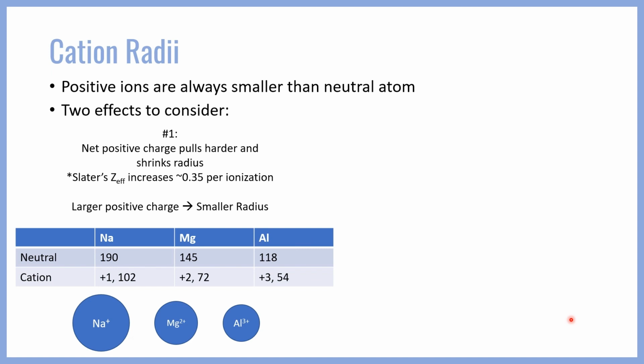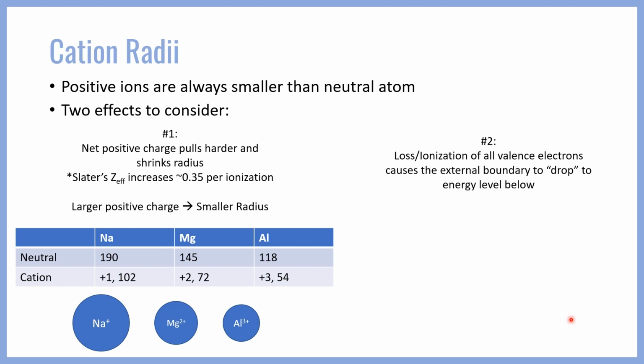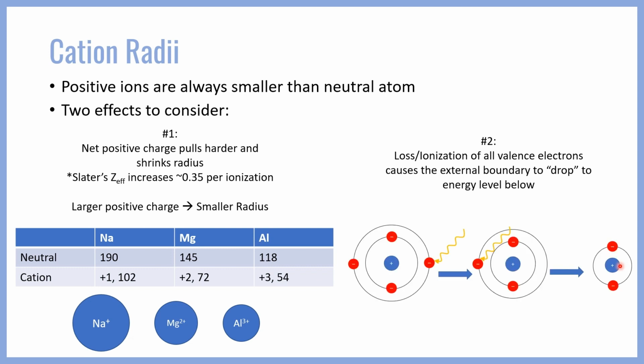There's another effect though to consider, and that is the fact that once you lose all of the valence electrons, you cause the external boundary of the atom to drop to the next energy level below it, right? How does that work? Well, let's consider this Bohr model for beryllium.